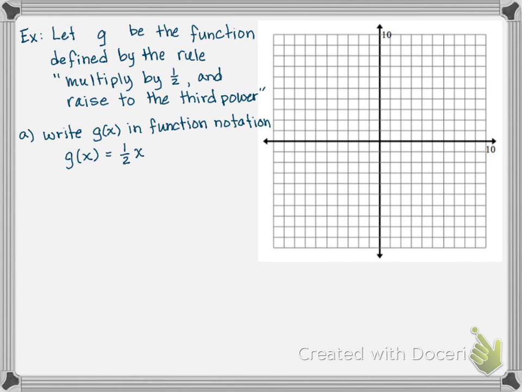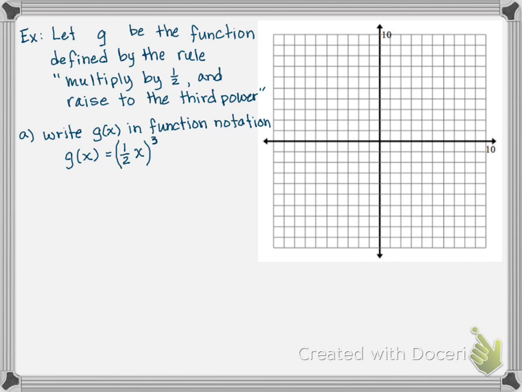And then cube it. So everything I got after I multiplied by 1/2 is being raised to the third power. As opposed to if I did my input to the third power times 1/2. Right? So the order that those operations are given in affects the value of the function or the output.